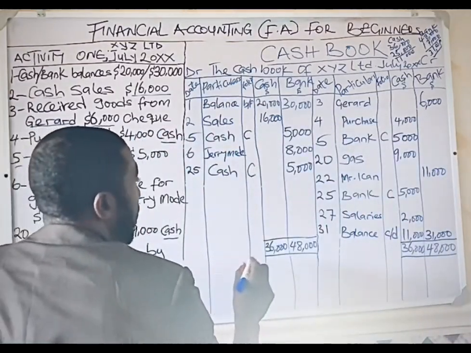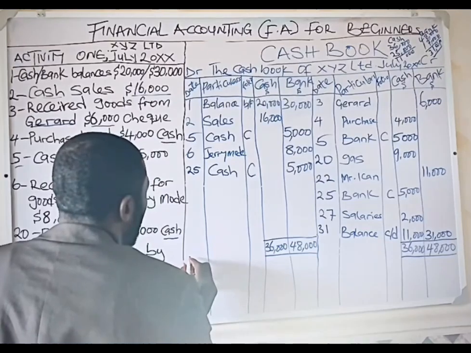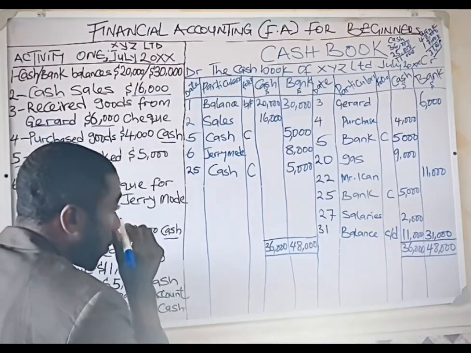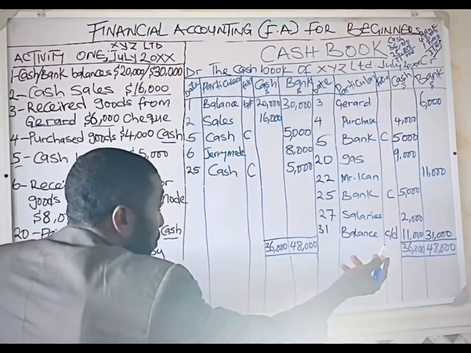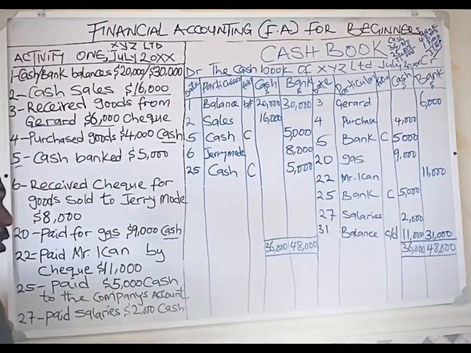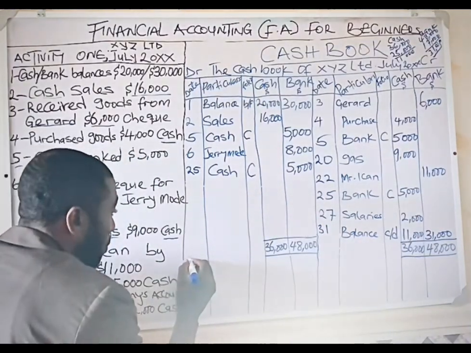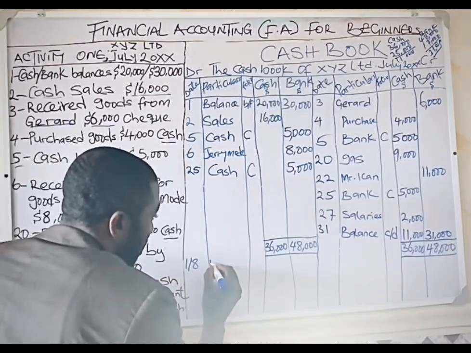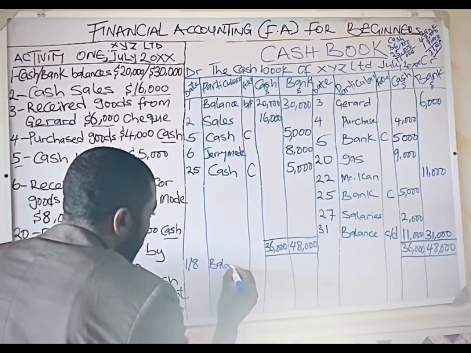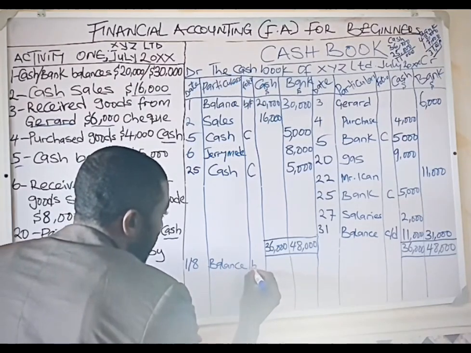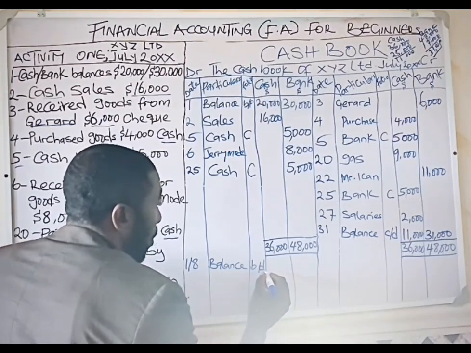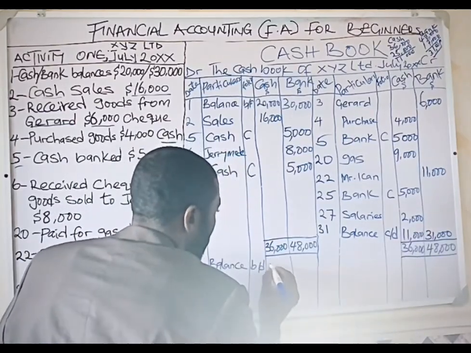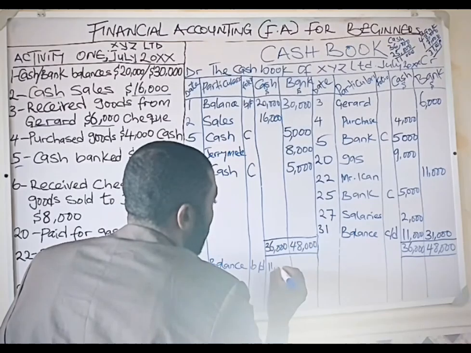So, at the beginning of next month, which is August, the first day of August, this balance carried down, we brought it down. The 1st of August, balance BD brought down, at the cash column, we have 11,000.